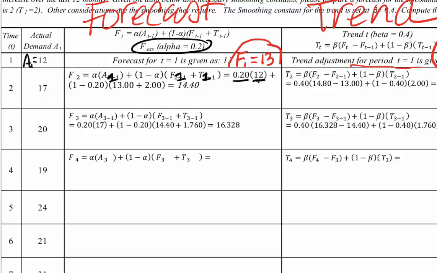So 13 came from right here, and 2 is T of 1, which is right over here, which we had pointed out before. So you add all those together and you get 14.4. That 14.4 is now F of 2, equal to 14.40.